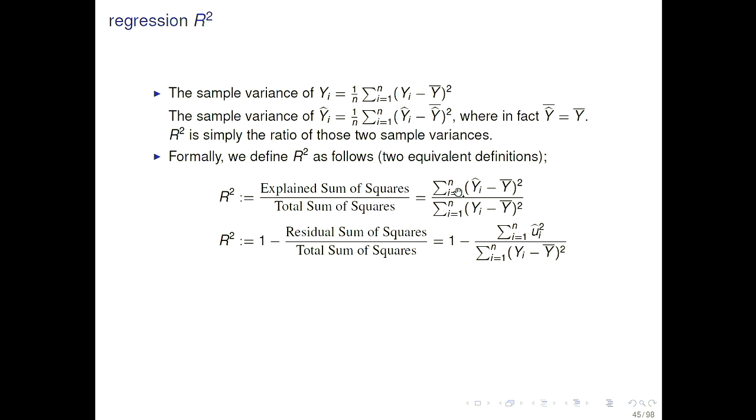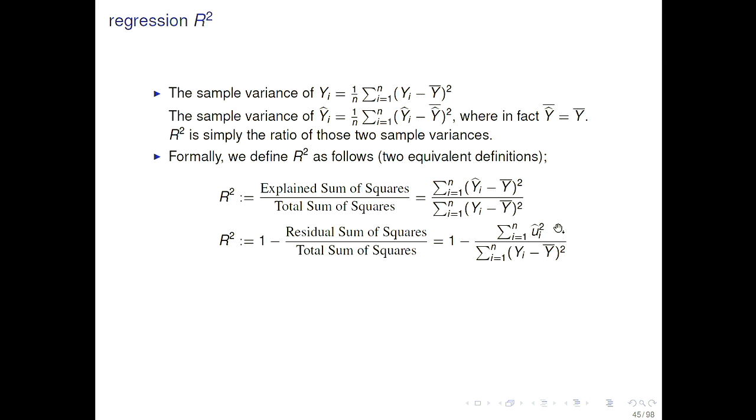So the numerator is the variation of the explained part, or people call it the explained sum of squares, because this sum is a sum of squares. And the denominator is the variation of the left-hand side variable itself. So this is the total sum of squares, or total variation of the random variable that we are interested in. This ratio is the definition of R-square. Turns out that there's an equivalent definition.